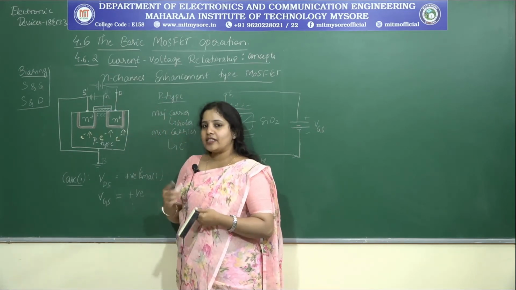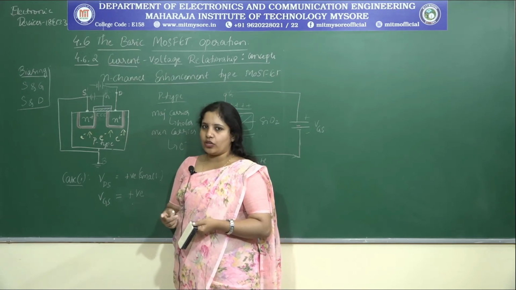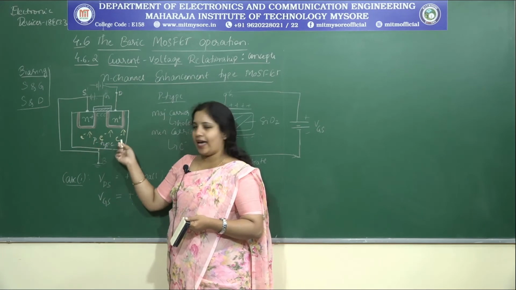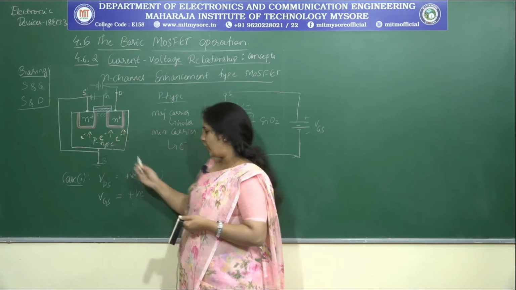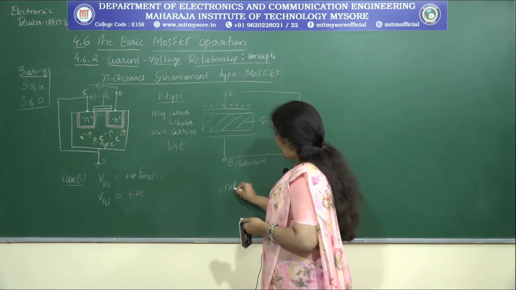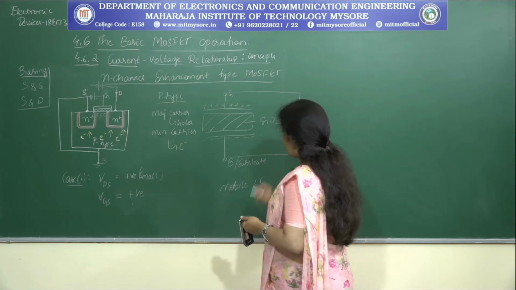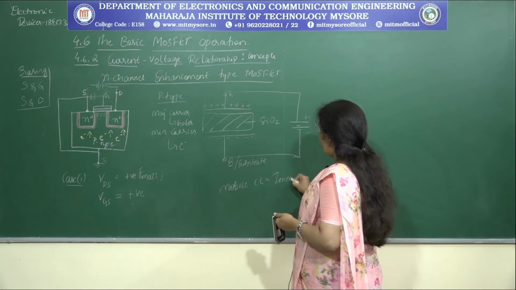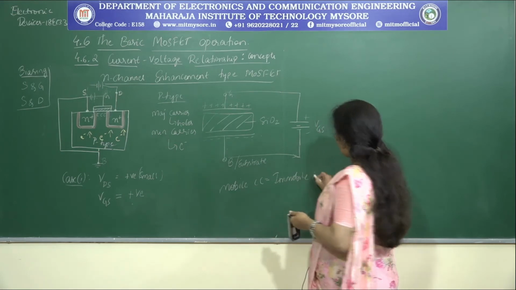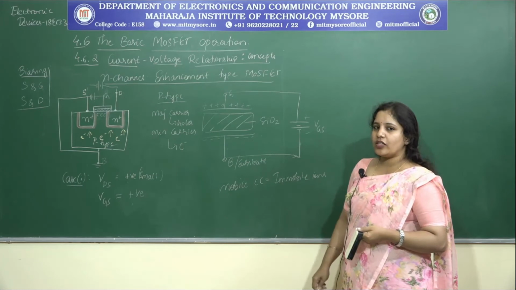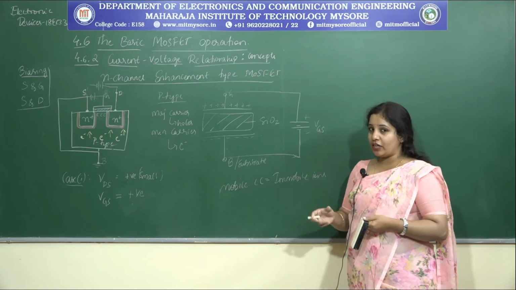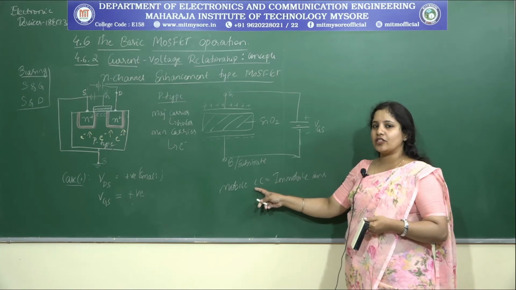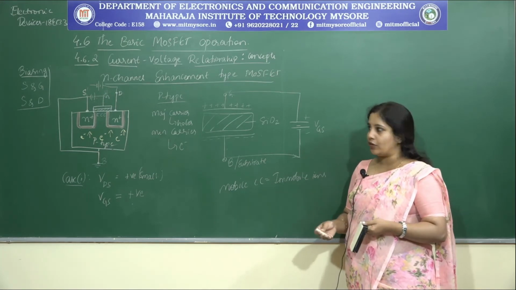Along with that, there are another two factors that you have to look into. One thing is, in the space charge region that I have, the mobile charge carriers that we have are made equal to the immobile ions present within the region. We know what immobile ions are, which we found in the depletion region. Remember, the mobile charge carriers that we have are the free electrons and the holes. Done.